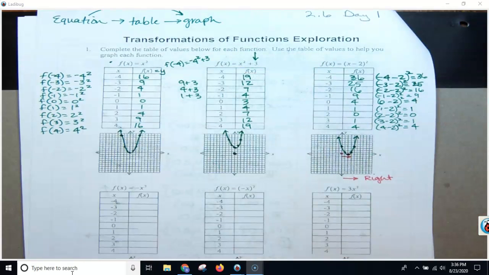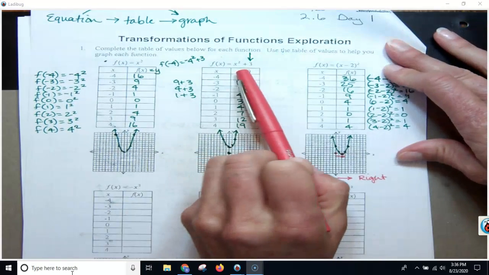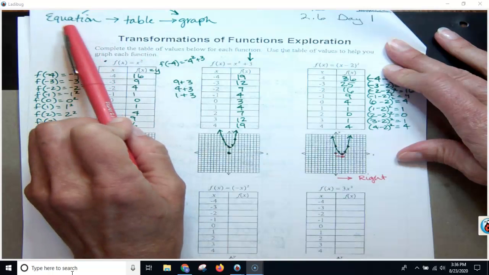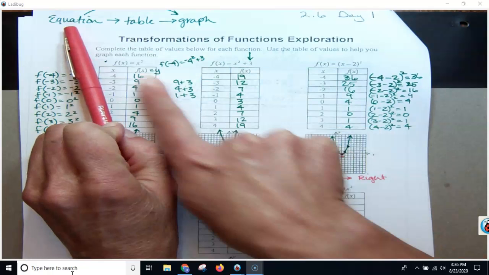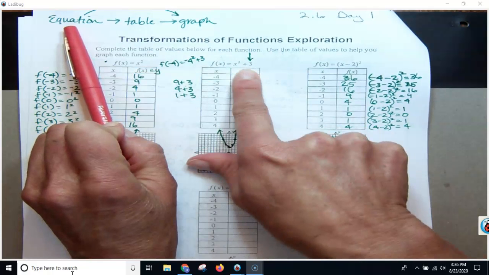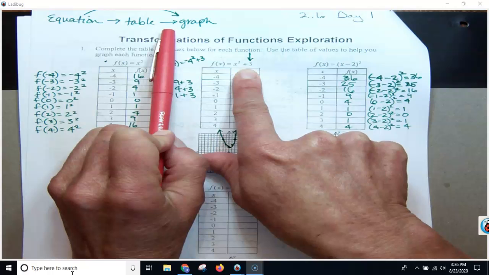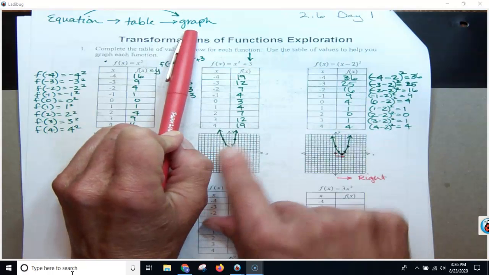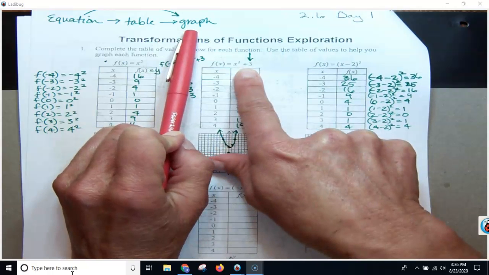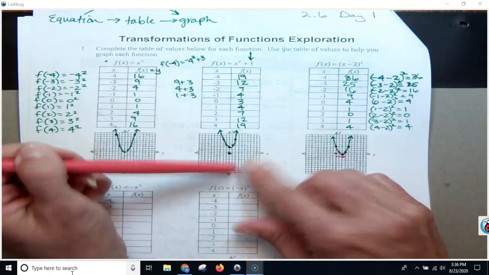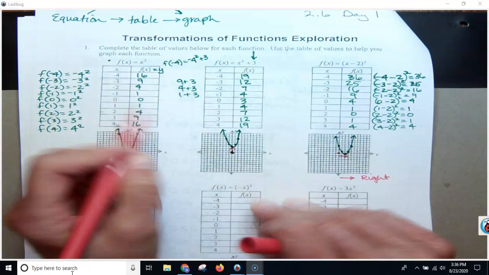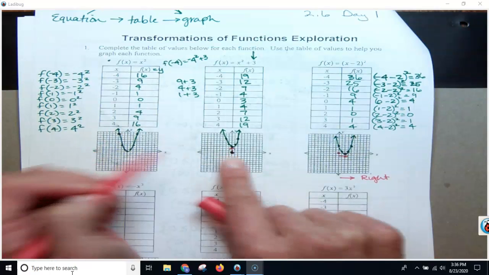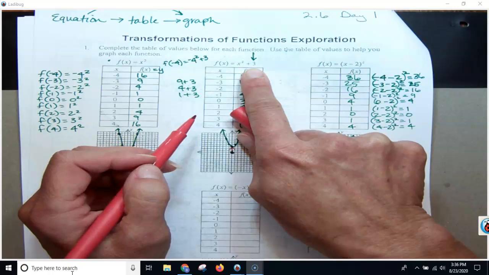Eventually you're going to want to be able to say, okay, this equation, from the parent function of x squared, has moved down by 3, or up, I'm sorry, up by 3 because it's a plus. So I can tell that this graph is going to be very similar to the parent function, except it's going to have moved up 3.